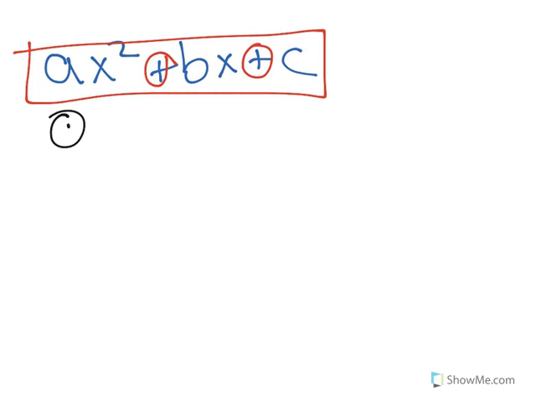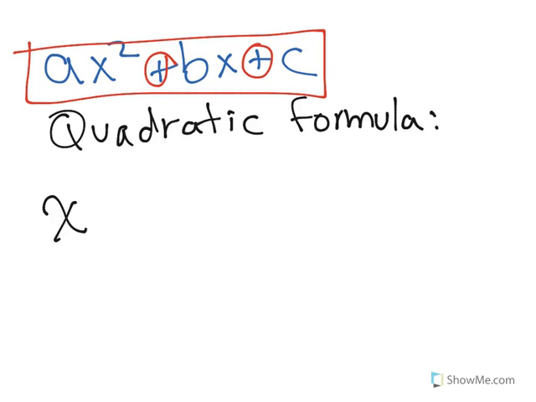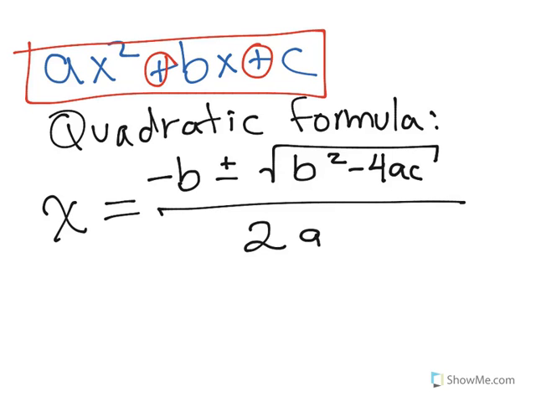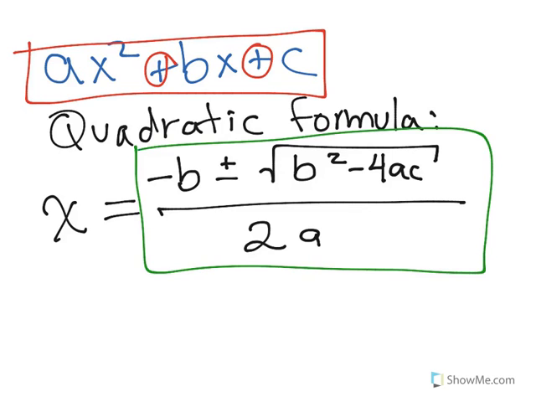And the quadratic formula is the following. So x is equal to negative b plus or minus the square root of b squared minus 4ac, and all of this divided by 2a. So this is the quadratic formula. You need to memorize it most of the time. You need to know it really well.